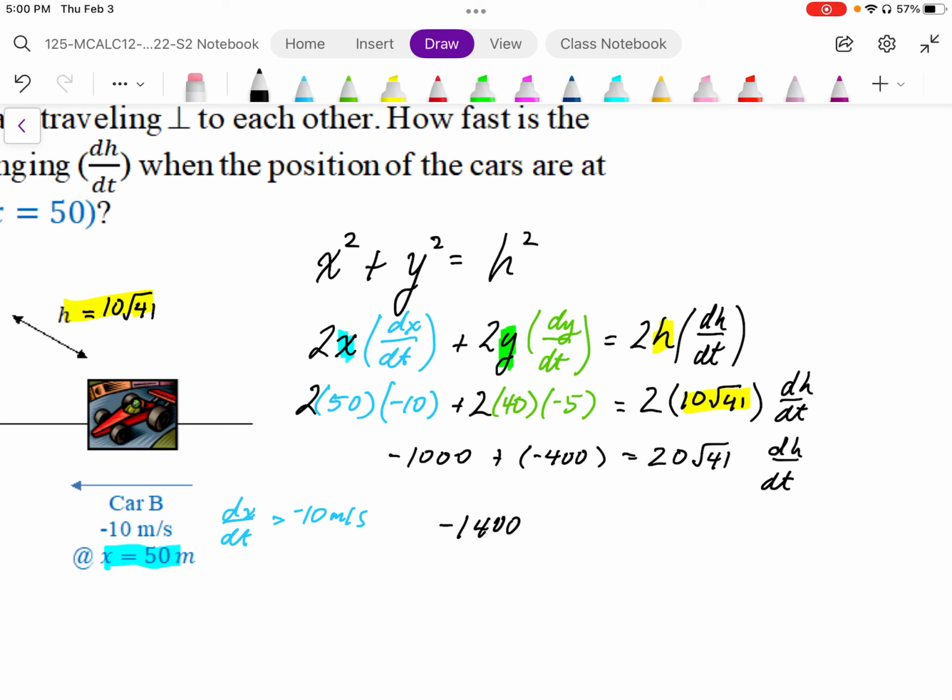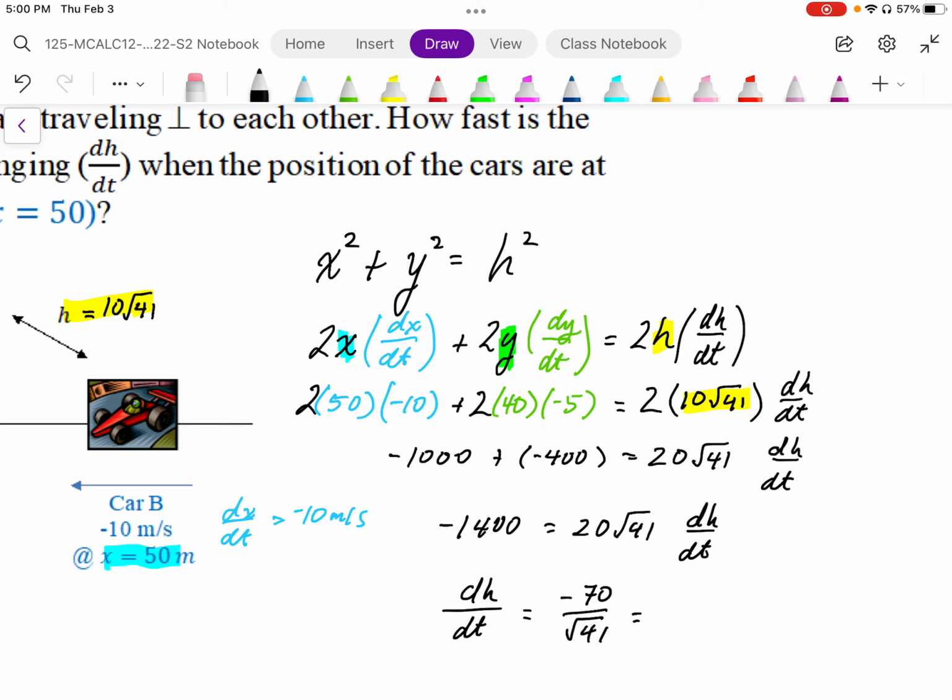So negative 1400 is equal to 20 root 41 times dh by dt. So solving for dh by dt, I get negative 70 over root 41.